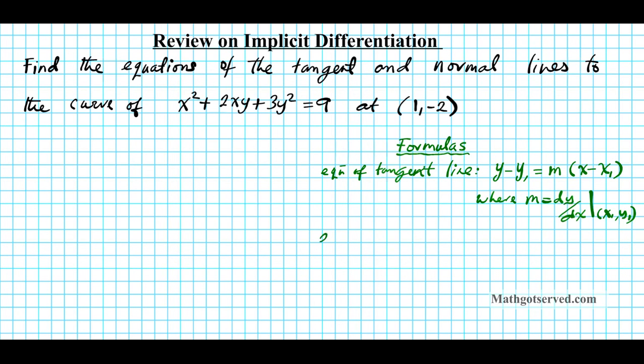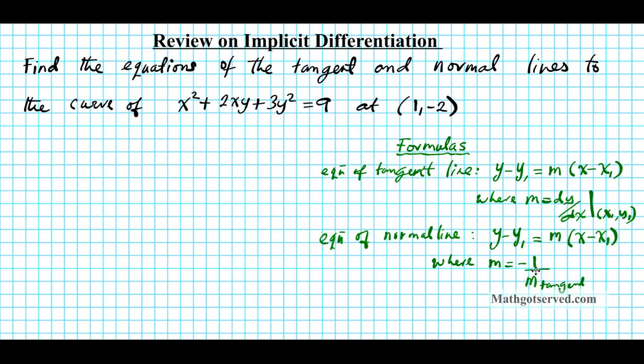And then for the equation of a normal line, it's going to be y minus y1 equals m times (x minus x1), where the slope m is going to be equal to the negative reciprocal of m of the tangent.